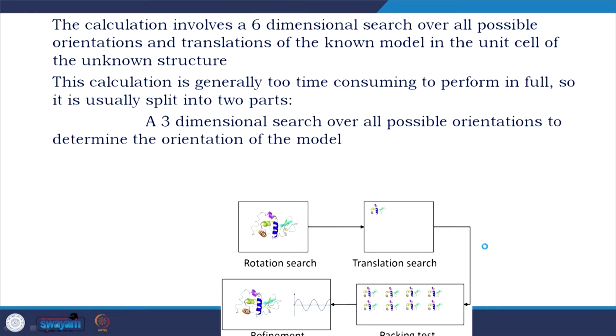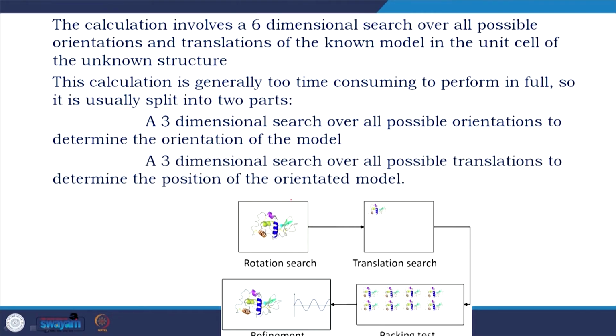This is the rotational search. The second, a three-dimensional search over all possible translations to determine the position of the oriented model. So, then you do the translational search and then you get the complex and you do the refinement further.